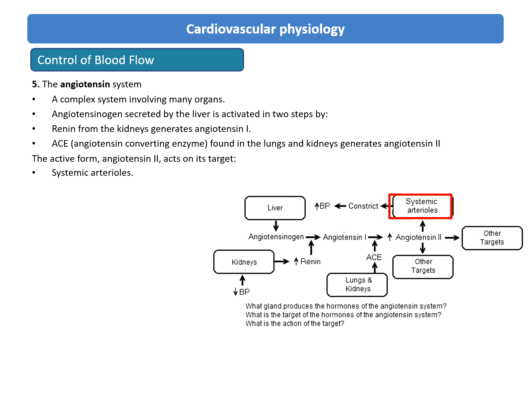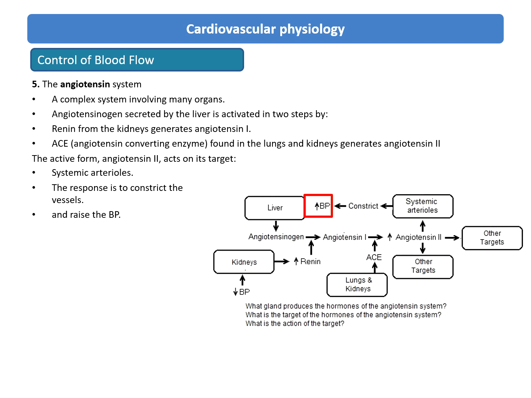It acts on its target, systemic arterioles. The response is constriction of the vessels, and it raises blood pressure. Now, remember the scheme we use when we try to understand endocrine function.